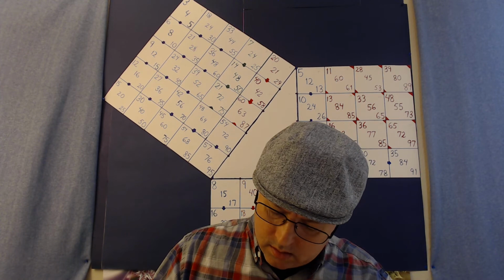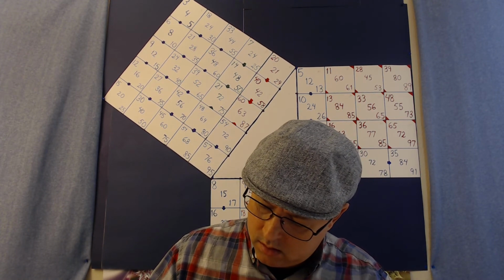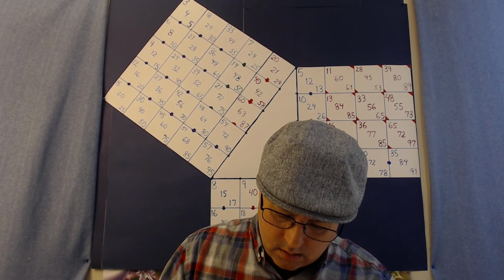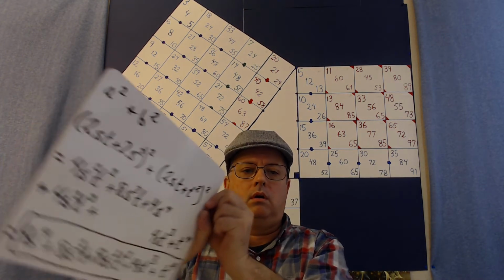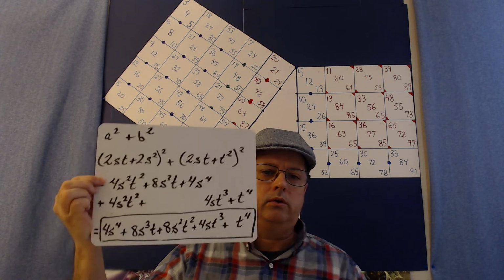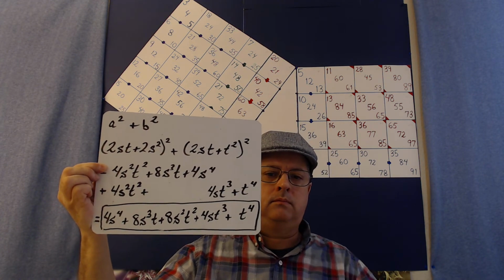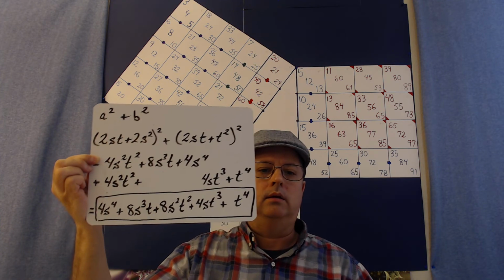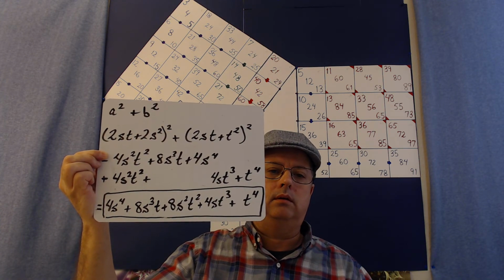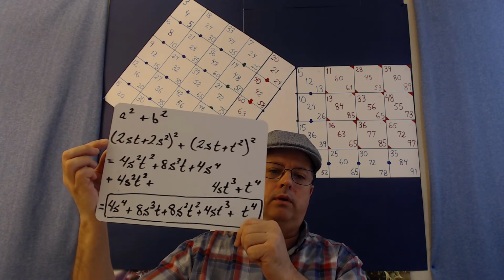And let's box that in here, because I think we've done it, haven't we? Yeah. So here's a squared plus b squared, and you can have that boxed in expression there.